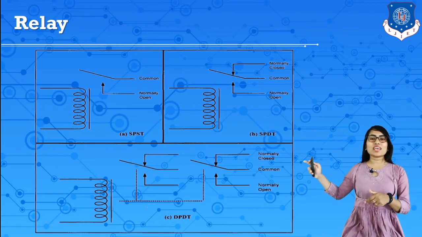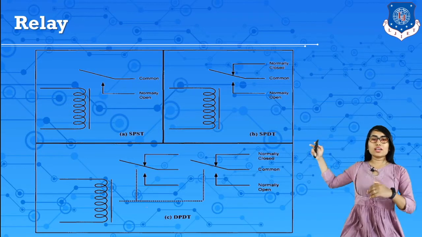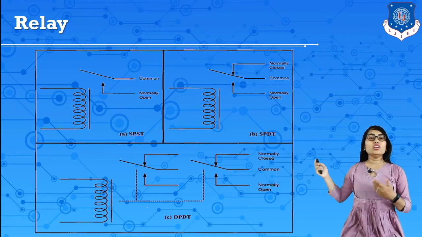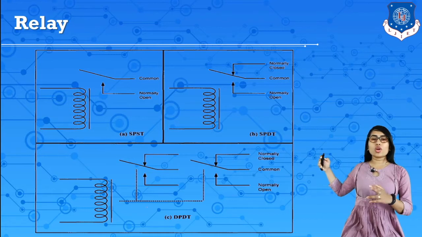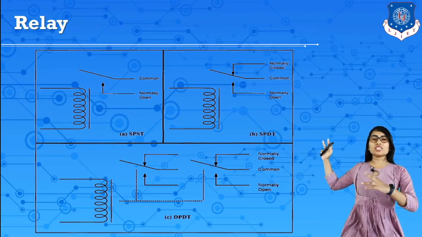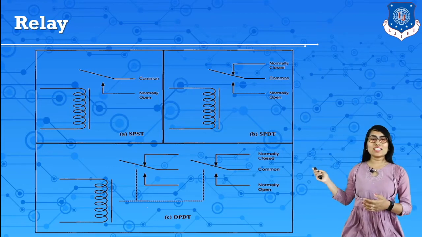When the coil is energized, it pulls these lines and it works as a closed circuit, so current can flow and we have a closed switch. If the connection is already there, that means it is normally closed, and after the coil is energized it will repel this, so it will work as an open circuit. So these are relay circuits.